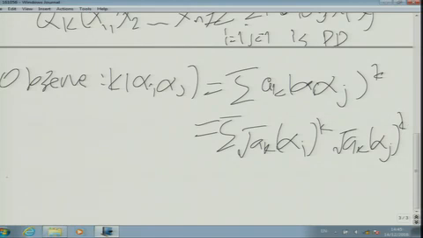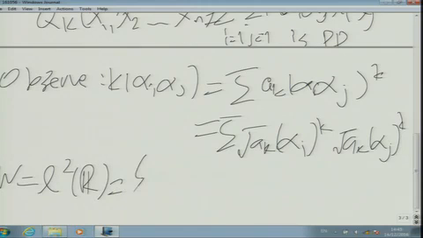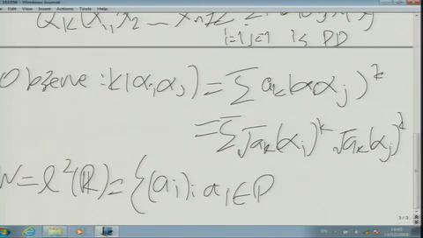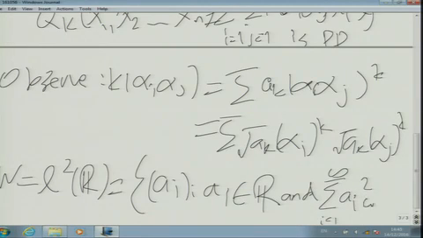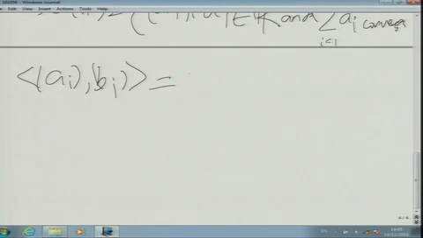And now we denote W as the L2 space, which is a set of sequences a_i, which are real and square summable, which means the summation of a_i square converges. And this L2 space has an inner product of a_i, b_i equal to the summation of the product of a_i and b_i with i equal to 1 to infinity.